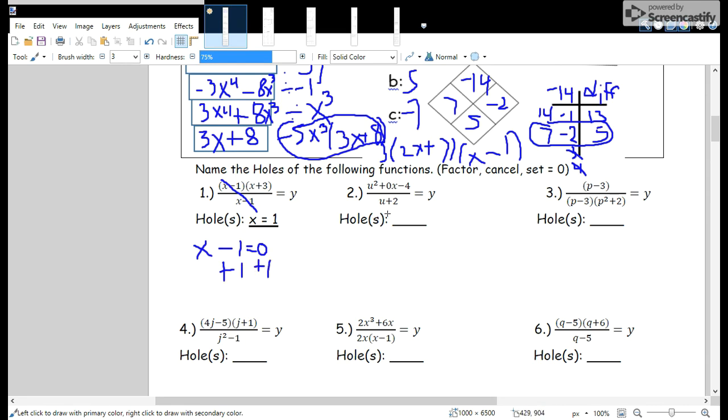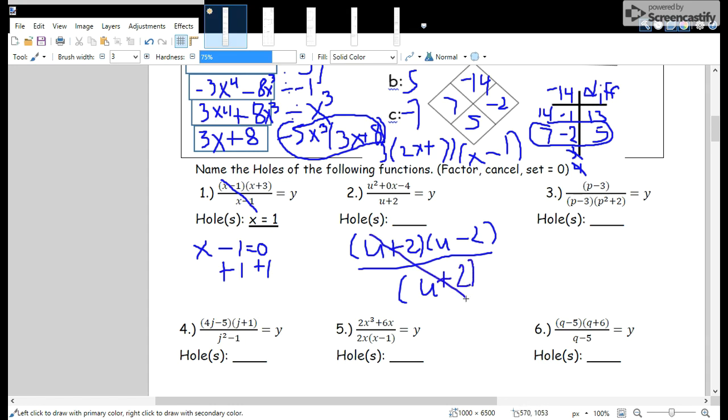Okay, let's look at the next one. If you factor this out, you have u plus 2 and u minus 2 in the numerator, and then you have u plus 2 in the denominator.